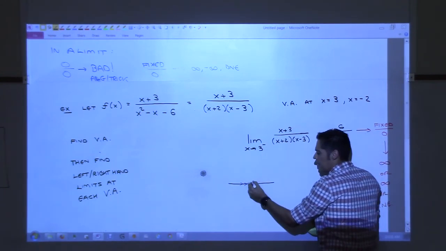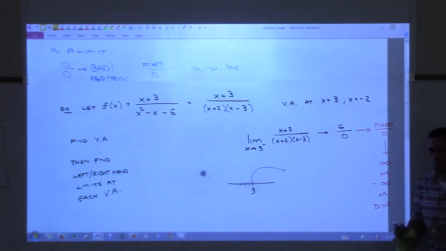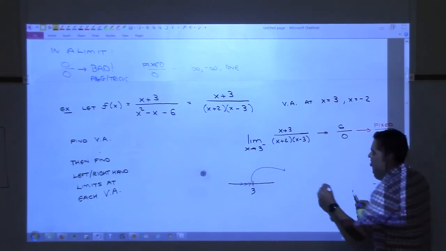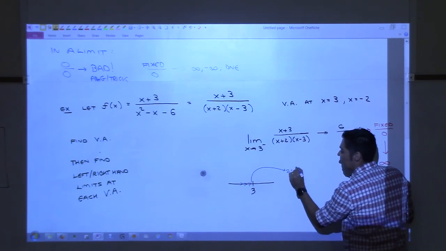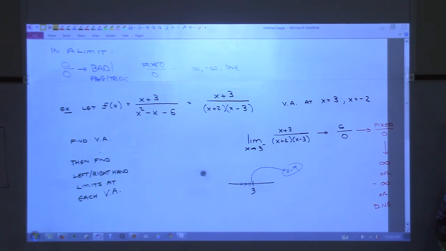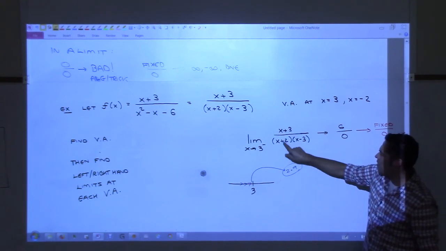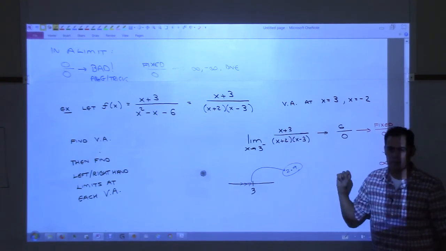So somebody give me an example of a number that's to the left of 3, but pretty close to 3. 2.9, 2.99, right? And then we could go all day. So let's just, for the sake of getting an idea, use 2.9. Imagine now taking this expression and plugging in 2.9 for x everywhere.